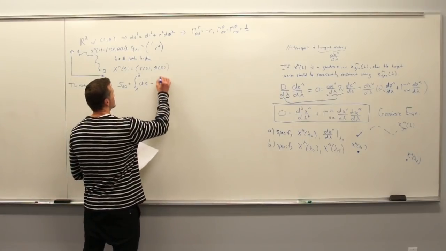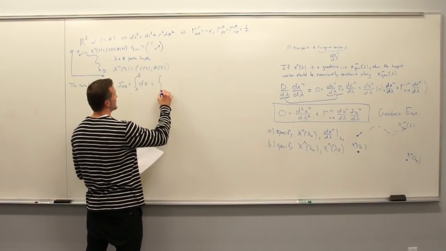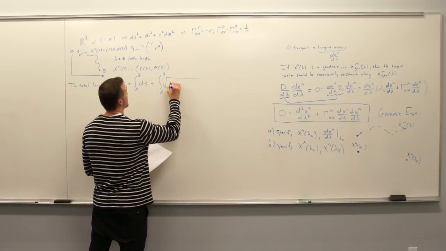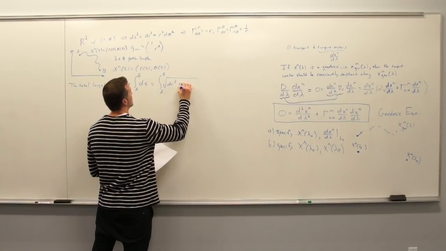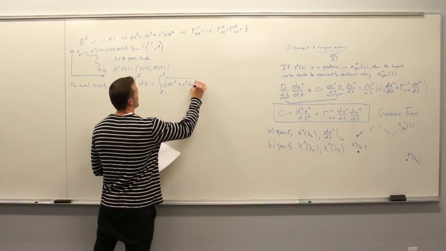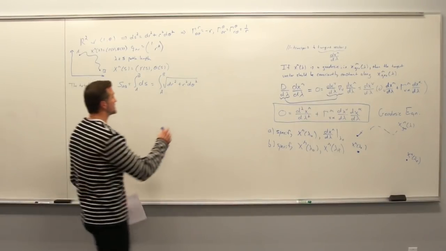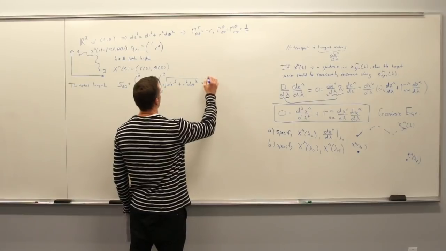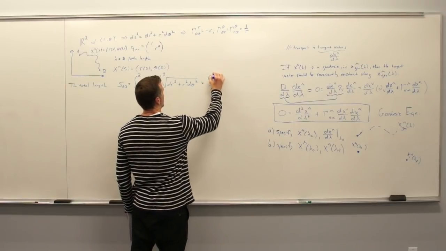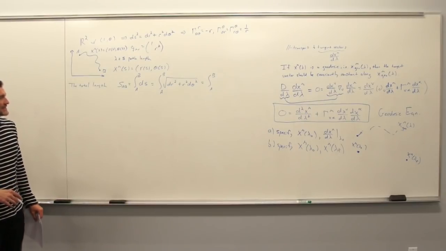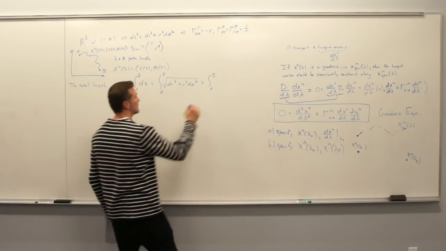So, plugging in our expression for ds squared, where of course we have to take a square root, we get something like that. And then what I'm going to do is something that's going to look a little weird. I'm going to go back and reintroduce ds itself.